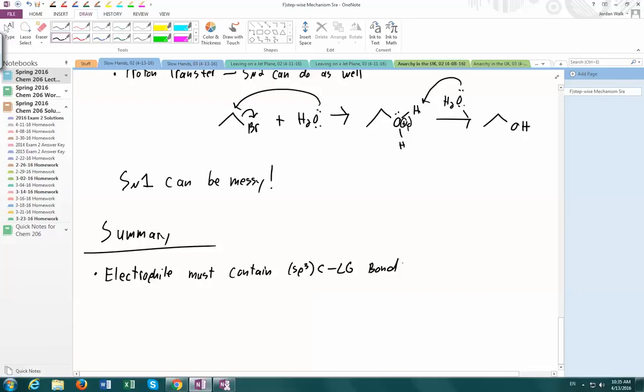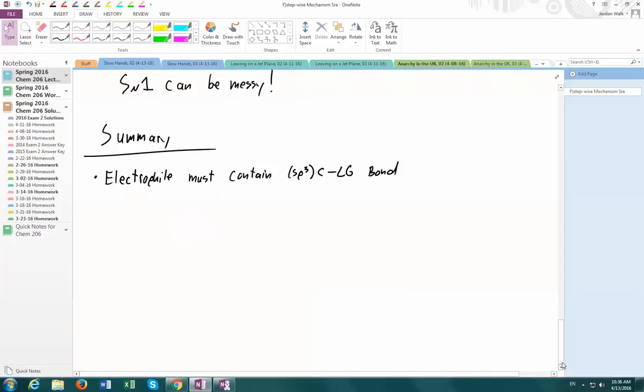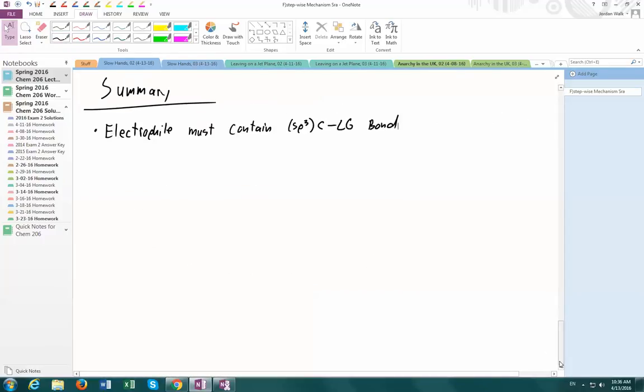If you're given a reaction and you're trying to wonder what could possibly happen, well, if you can find an sp3 hybridized carbon connected to a leaving group, chances are we're looking at a nucleophilic substitution. And so we've seen 4 different kinds of electrophiles. We've seen methyls, primaries, secondaries, and tertiaries.